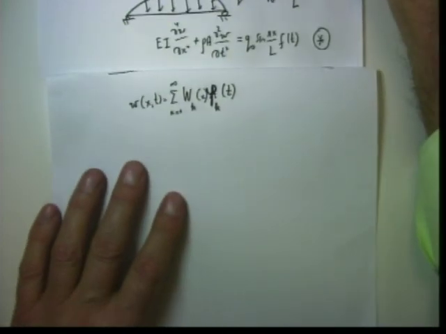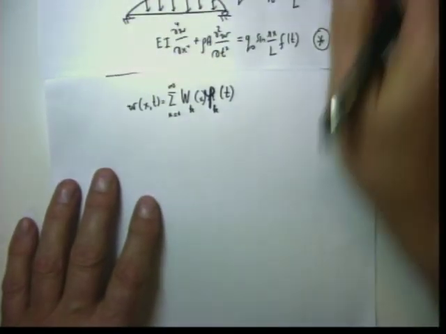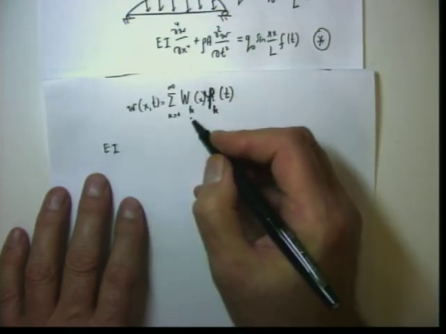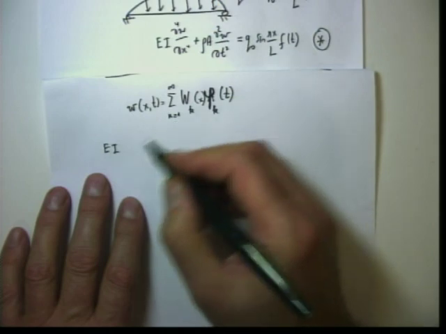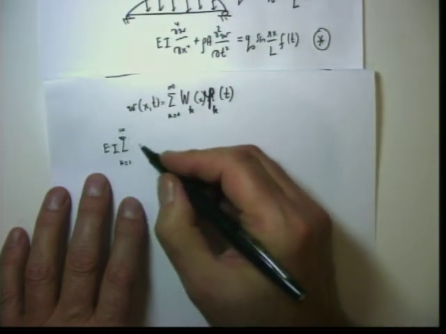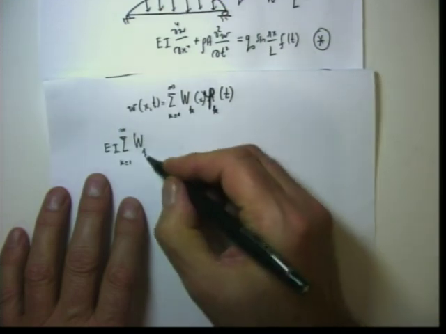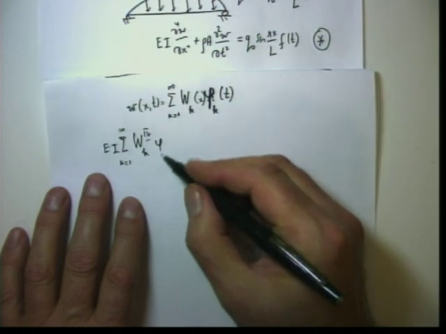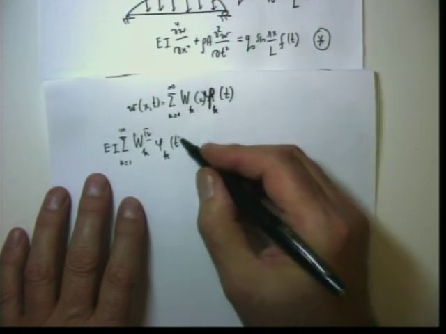Now I can substitute this back into this governing differential equation, and I will get EI, fourth derivative with respect to x. So first of all, summation k from 1 to infinity, then wk fourth derivative times phi k of t.